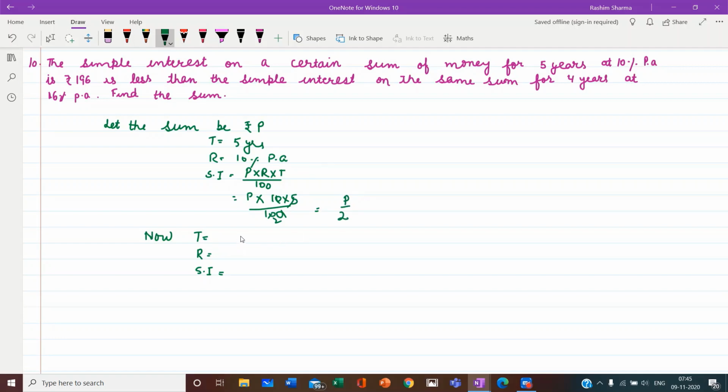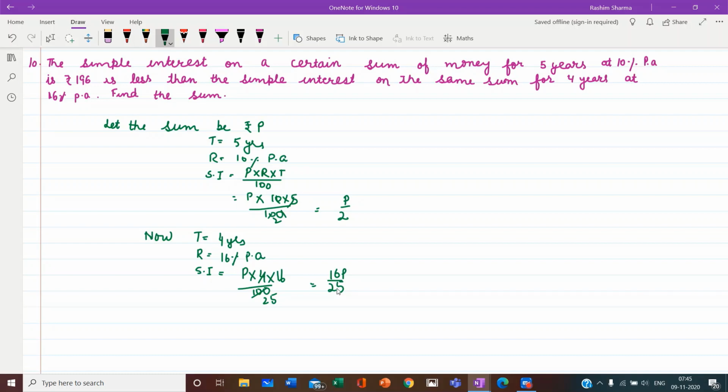Okay, now in the second case we are given time is 4 years and rate of interest is 16% per annum. So now when we calculate simple interest here, we get P into 4 into 16 upon 100. So we get here 16P upon 25.